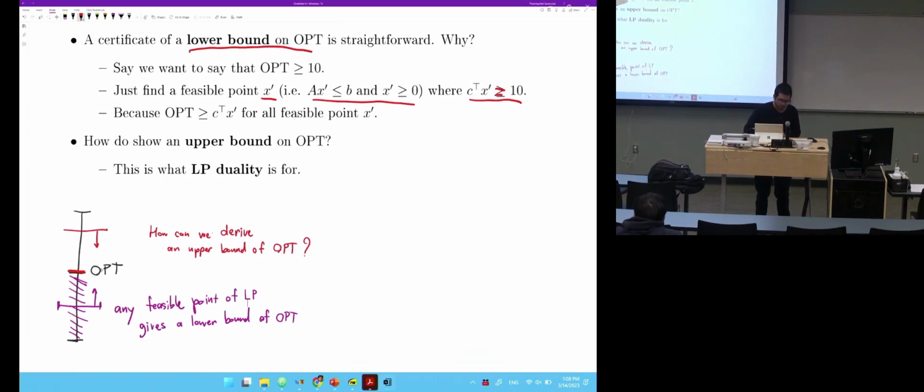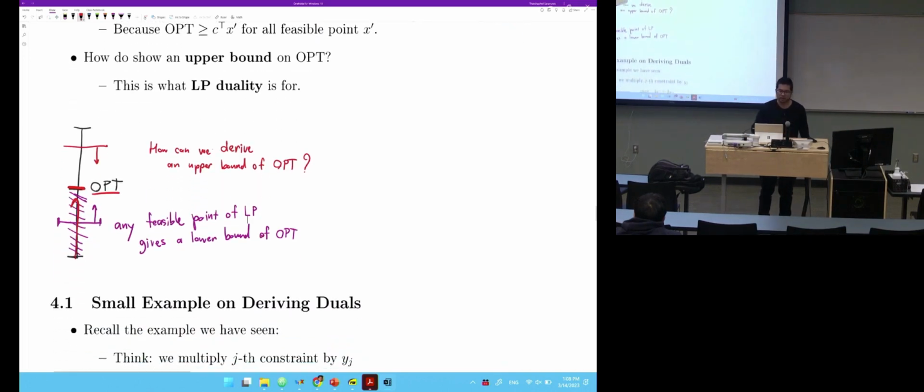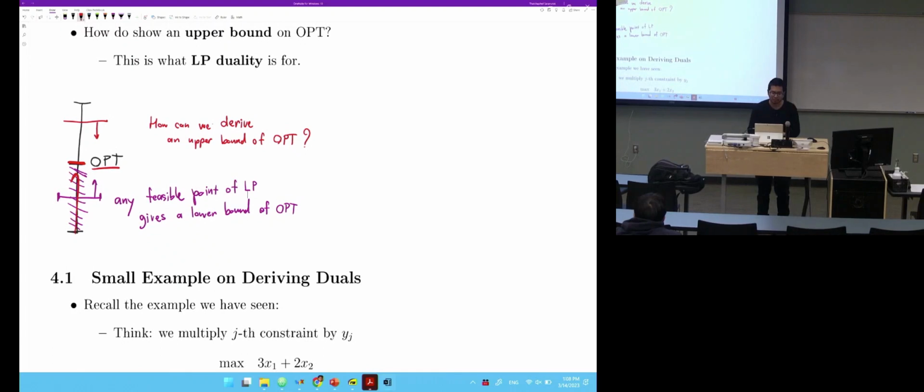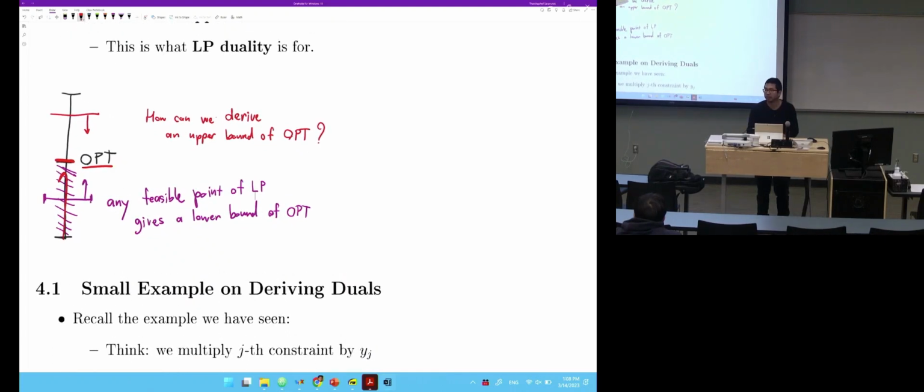If this is your opt, there is an easy way to get a certificate for a lower bound, but it's not clear right now how to get a certificate that upper bounds opt. So now there is a simple way to get one. Let's see a simple example.